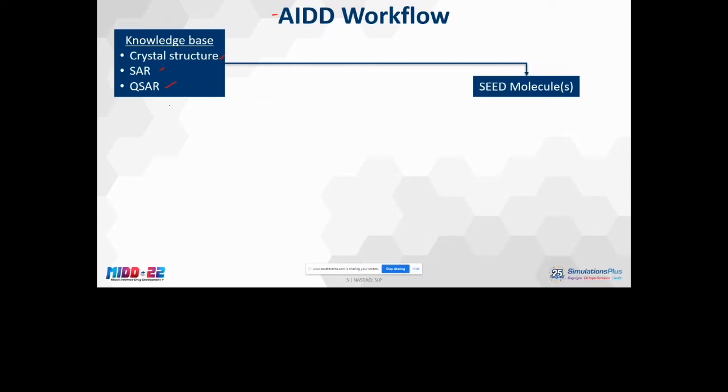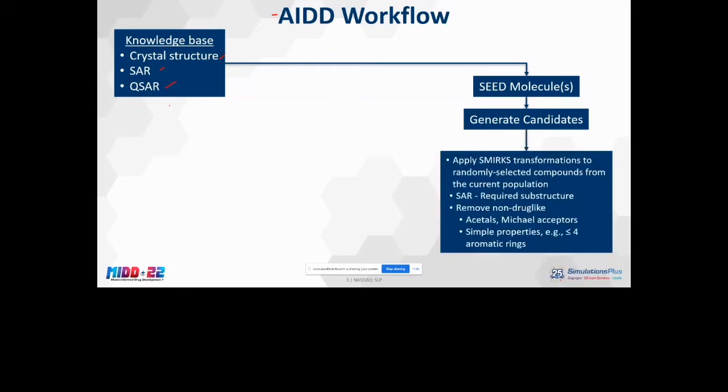The first thing that the AIDD workflow does is it starts with a seed molecule. Now this can be a single molecule or it can be a set of molecules from previous runs or just candidates you want to optimize. The next step is to generate candidates. We do this by applying SMIRKS transformations to randomly selected compounds in the population.